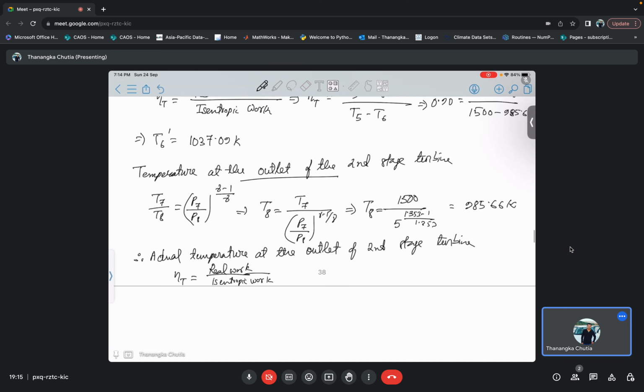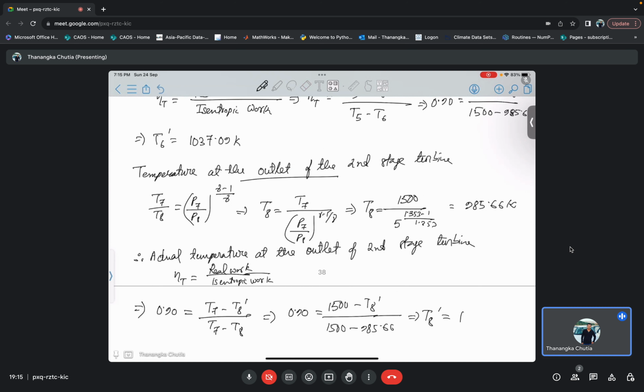So 0.90 will be equal to T7 minus T8 prime divided by T7 minus T8. So 0.90 will be T7 1500 minus T8 prime divided by 1500 minus 985.66, and using all these values you will get T8 prime equals 1037.09 Kelvin.